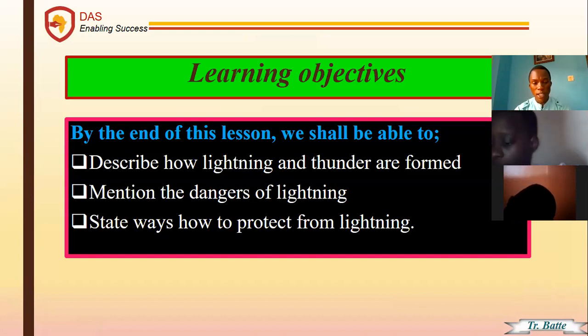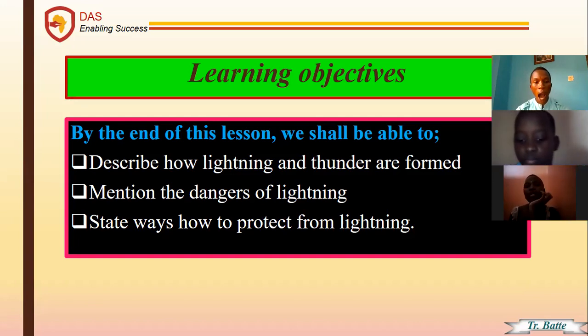By the end of today's lesson, all of us shall be in position to describe how lightning and thunder are formed. We shall be in position to mention the dangers of lightning, and to state ways how we can protect ourselves from lightning.